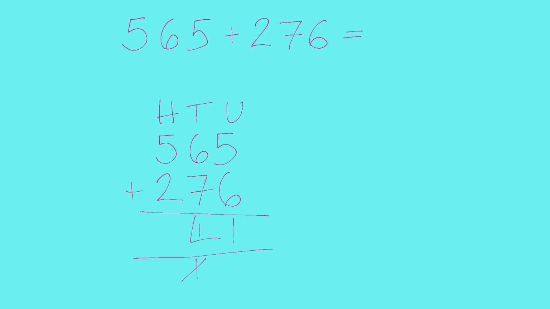So 14, make sure you cross that off. So we've carried twice here, so now we're going to do the hundreds. We've got 5 and 2, which is 7, plus the extra one, which is 8. And cross this off. And our answer is 841.